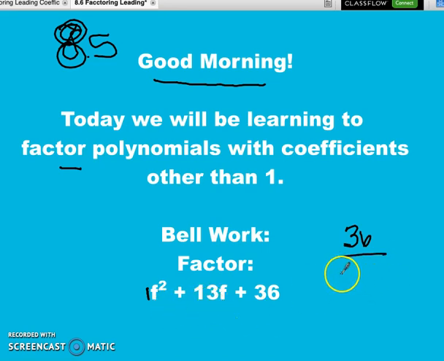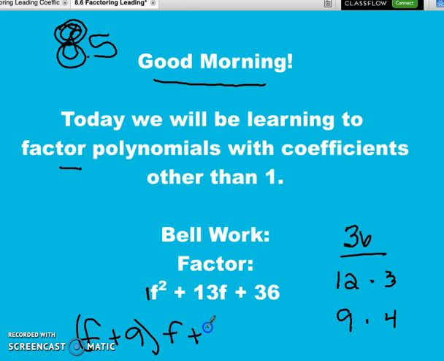We could do 12 times 3, but when we add those together, they do not get 13. 9 times 4, multiplied they get 36, added they get 13. So those are our 2. So it's going to be f plus 9 multiplied by f plus 4.